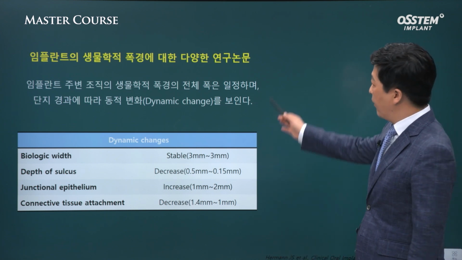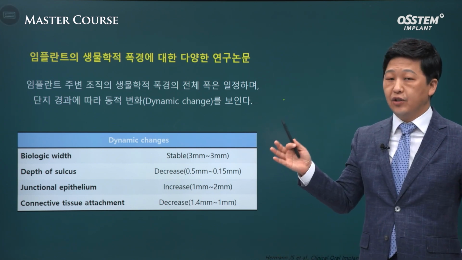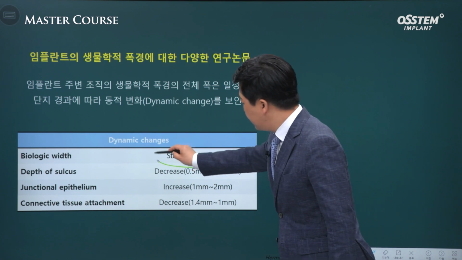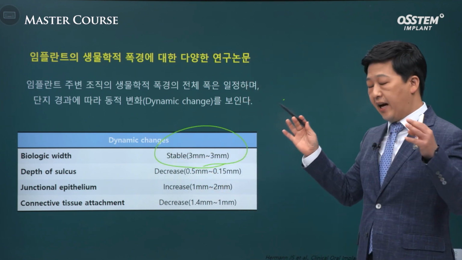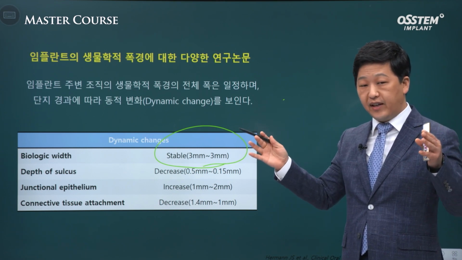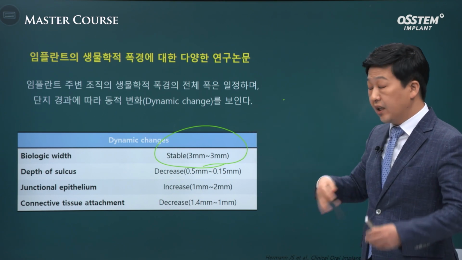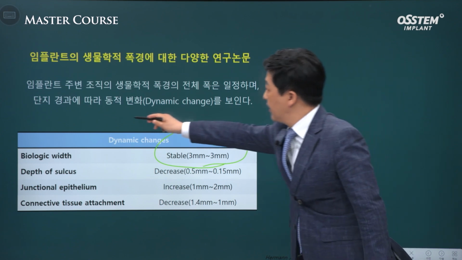Over the course of our lives, biologic width is maintained consistently. The detailed constituents of biologic width continue to dynamically change.